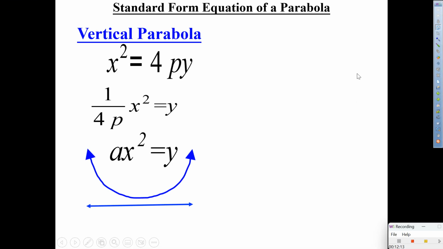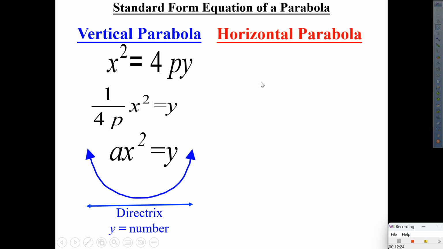So, does everybody agree that this is a vertical parabola? Yes. And it starts with x squared equals 4py. Today we're also going to look at what we call a horizontal parabola. So if vertical parabolas start with x squared, what do you think horizontal parabolas start with?